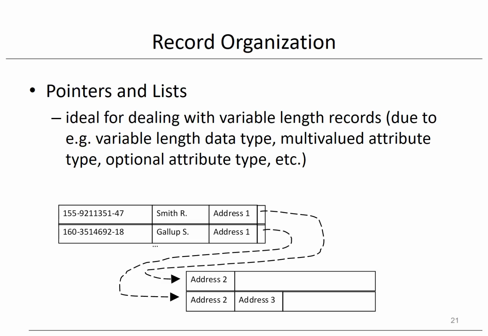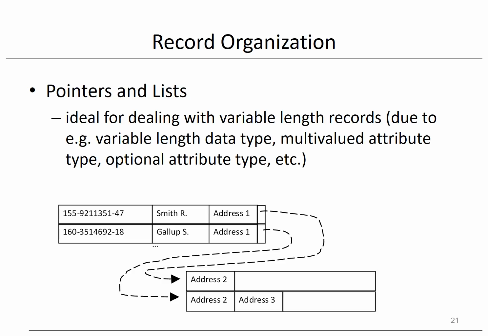The third option is to use pointers and lists. These are discussed in more detail in later sections on file organization, but can also be used for the sake of record organization. There are different possibilities. The figure shows an example where only attributes are stored. There is a regular record structure except for the fact that the number of addresses may be different for each person.